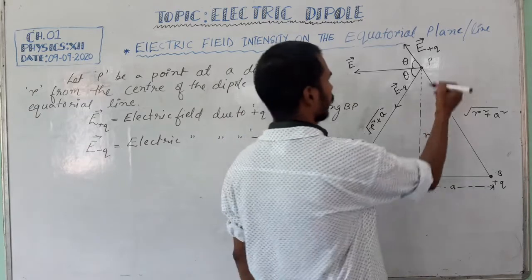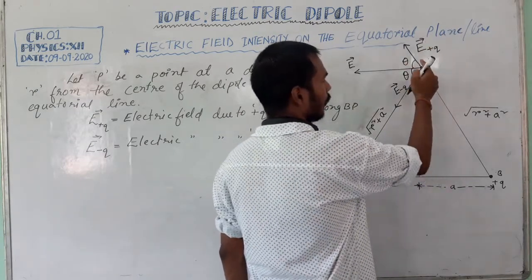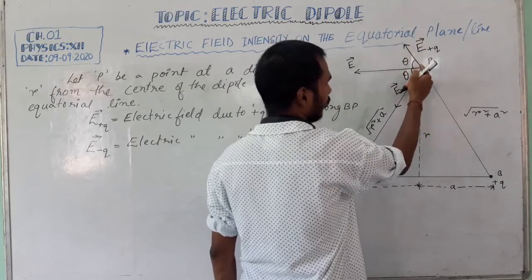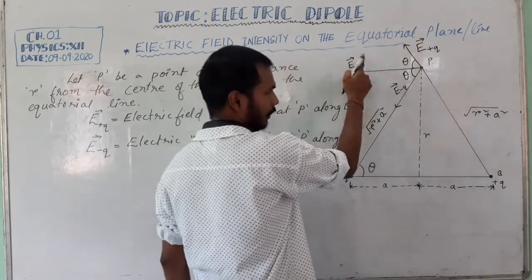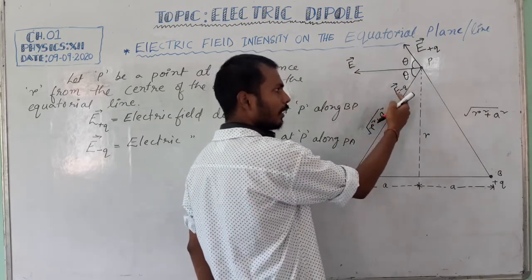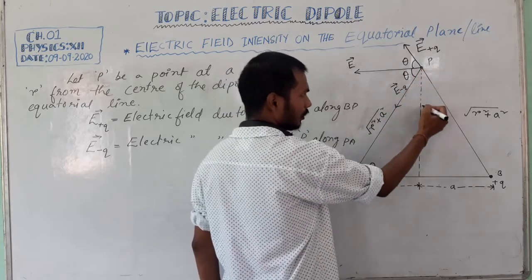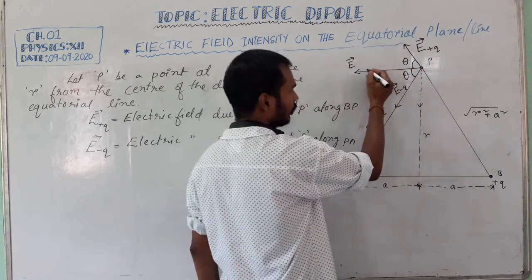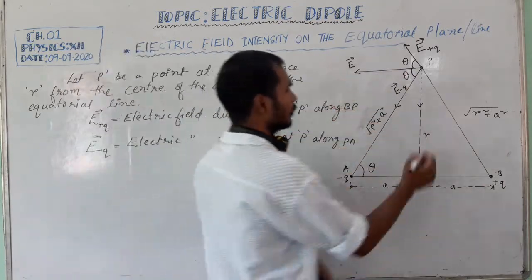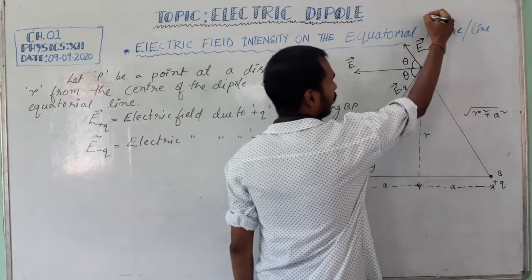Now see, this vector has two components: one component in this direction and another component in the direction of the net electric field. Similarly, E minus Q also has two components, one along this direction and one along the direction of the resultant electric field. So this is the perpendicular component.